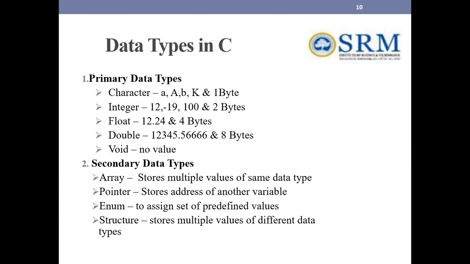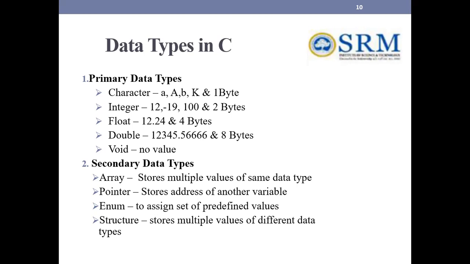So a can store only one value. If we want to store multiple values, more than one value, we can go for array. Array can store multiple values of the same data type, for example integer array, character array, string array, float array. That is array.